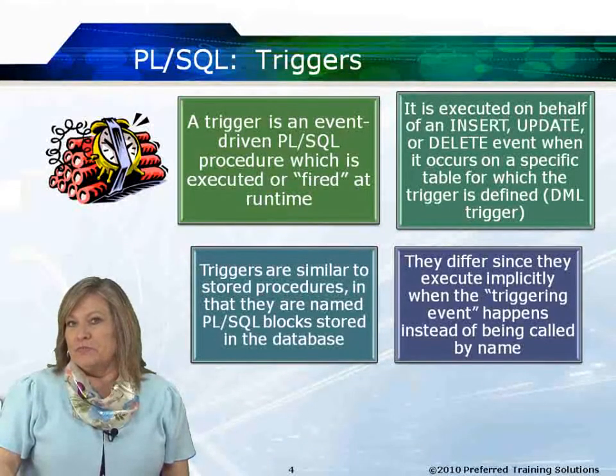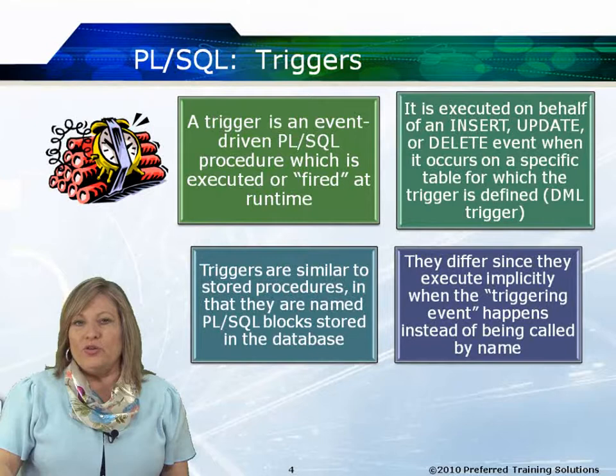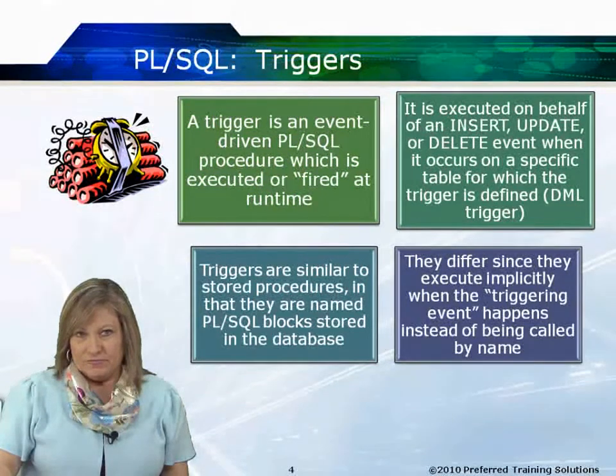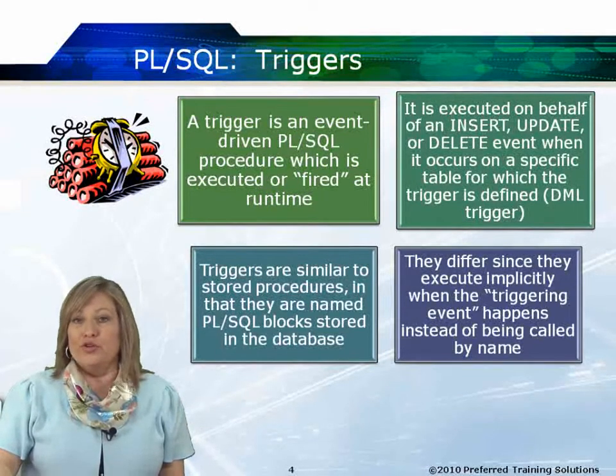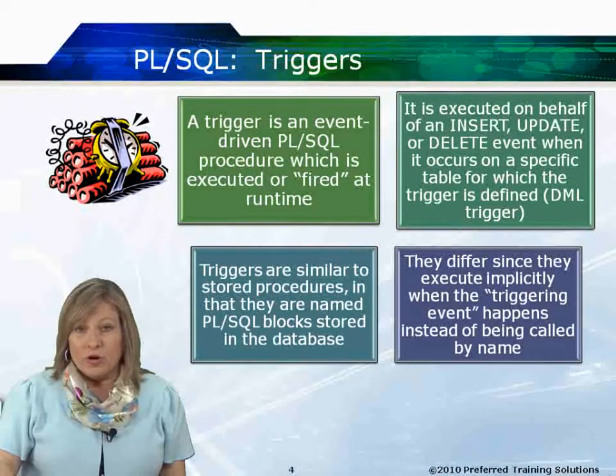They differ because they execute implicitly. So it's an automatic, under the covers, behind the scene kind of thing that happens. The triggering event occurs, and if there's a trigger associated with the event that occurred, then it will automatically execute.